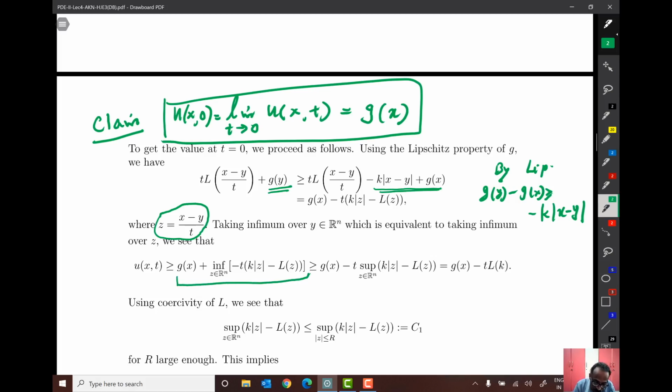So minimizing this, you get this one, and this is g(x) less than or equal to, when I take this minus outside. So when I take a minus outside, be careful here, there is a big bracket. It will become a supremum. This is wrong, there is nothing here.